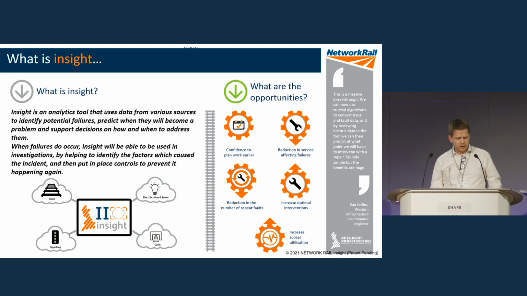The way it does this is we ingest data from lots of different sources, from measurement trains, from asset databases and so on, from Ellipse. And we identify potential failures and then predict when it's going to be a problem. Then we provide visualizations that will help you make decisions about how to fix it.